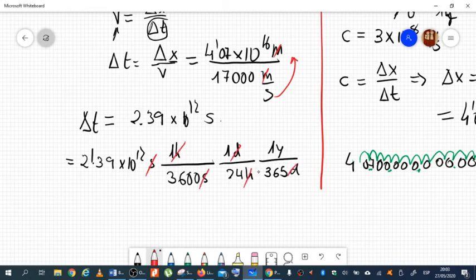So we have to divide by 3,600, divide again by 24, and divide again by 365.